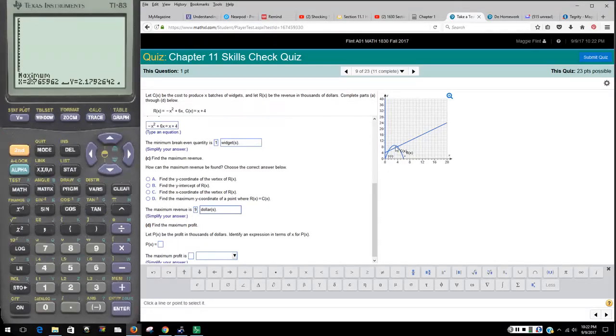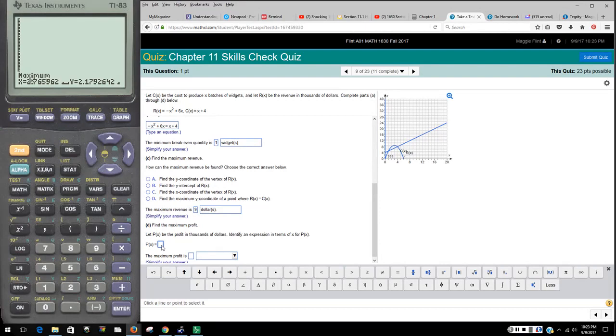So actually the maximum profit is actually where you reach the maximum revenue, oddly enough. So here's our profit equation that we came up with.